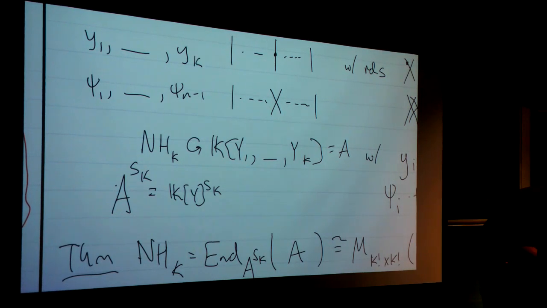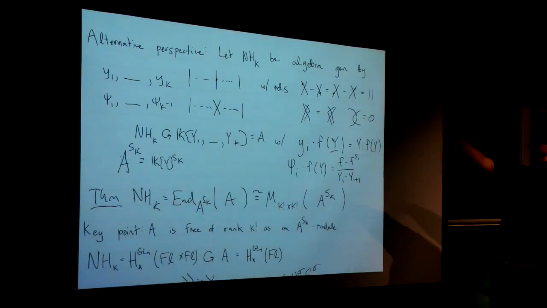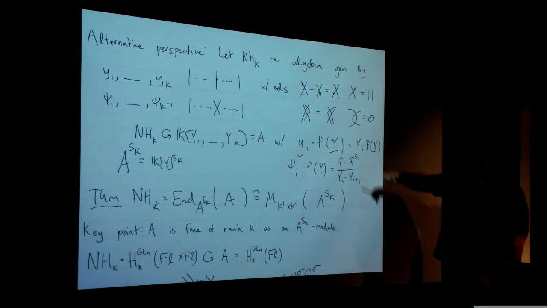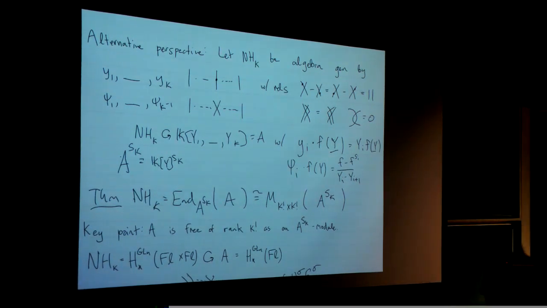I take K strands, and I look at the K ways of putting dots on them, the K minus 1 ways of crossing adjacent strands, and I look at the algebra those generate with the familiar relations. That's the nil-Hecke algebra of rank K.